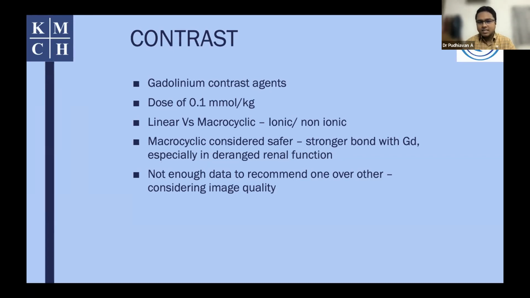Though the T1 relaxivity values of some of the linear compounds are much higher compared to the macrocyclic compounds, in clinical practice there has been no clear recommendation for using either. So it is up to your center's finances and the patient's characteristics whether you choose a linear or a macrocyclic gadolinium contrast agent.